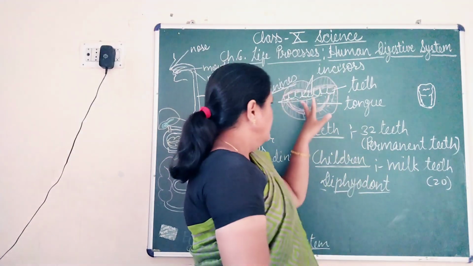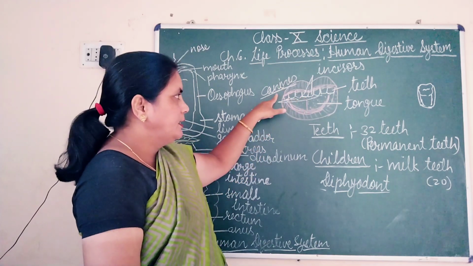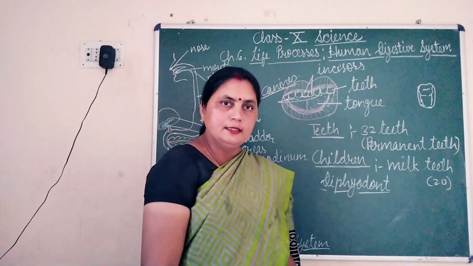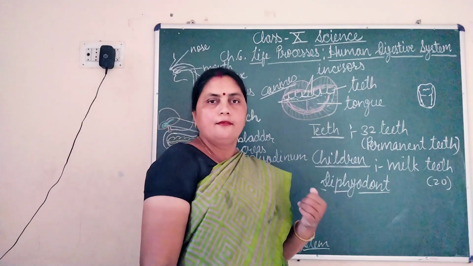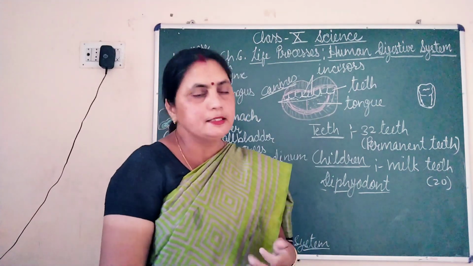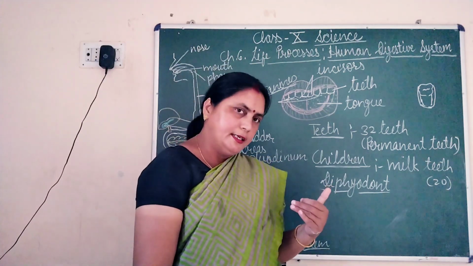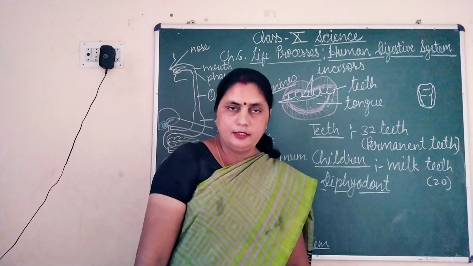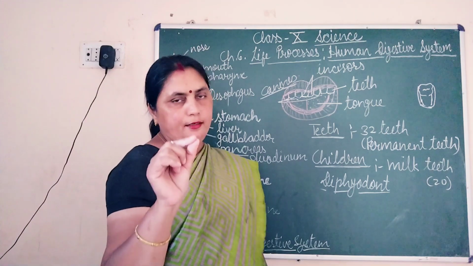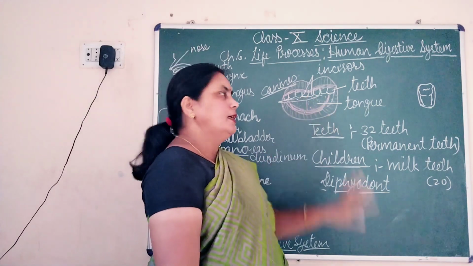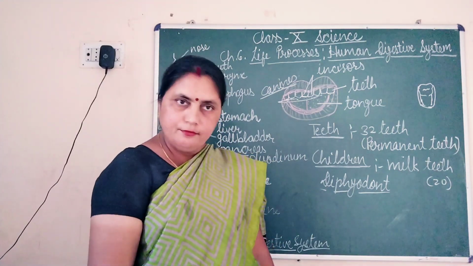Got it? So I repeat, teeth are of 4 types: incisors, canines, premolars and molars. Incisors are used for cutting and biting, and they are very useful in herbivorous animals which eat plants directly, leaves and roots and stems. Then canines are slightly pointed, and they are strong and long in carnivorous animals because they are useful in tearing the flesh.